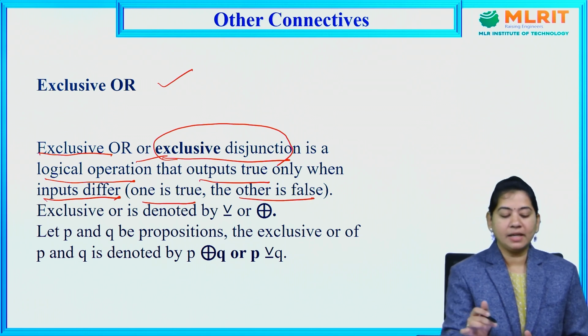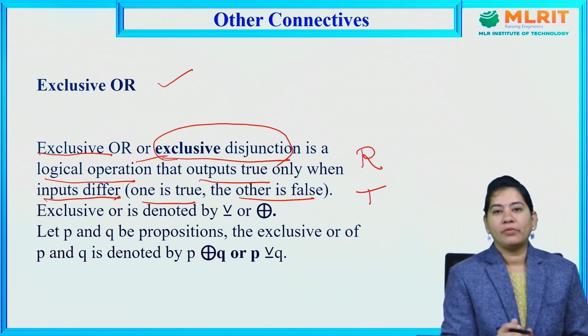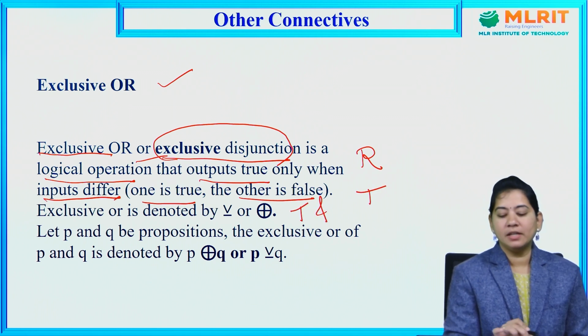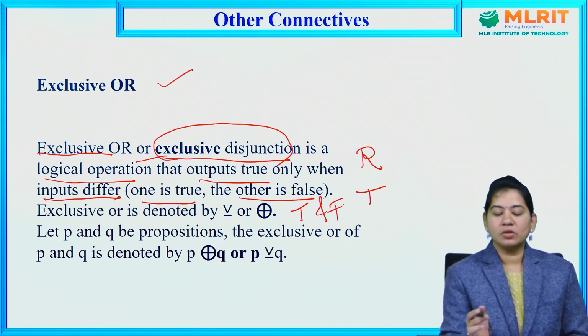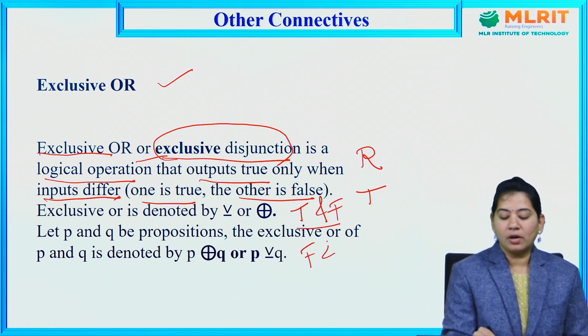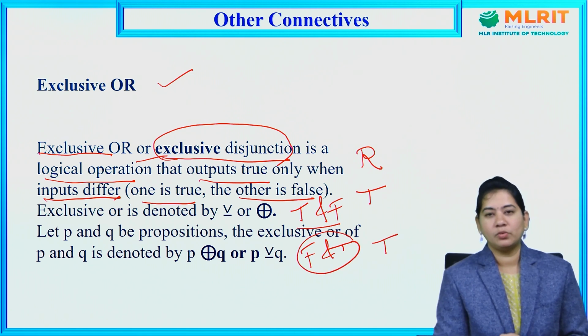It is not only true and false; we can also have false and true. For a combination of true and false, the resultant will be true.